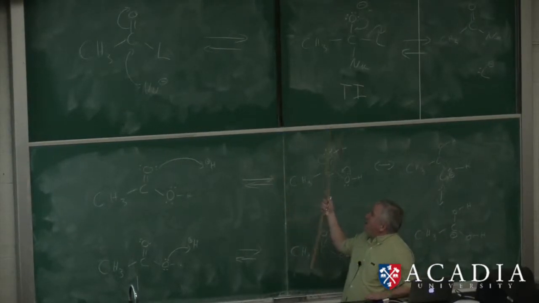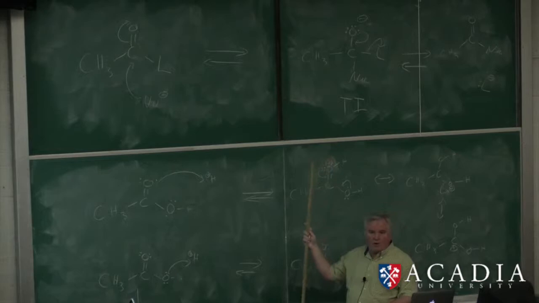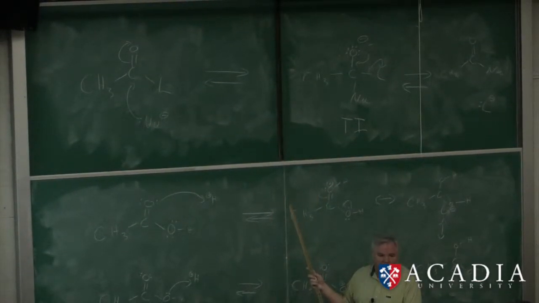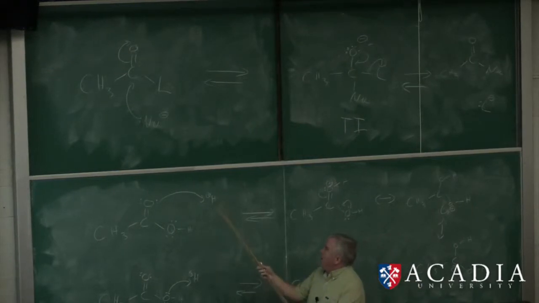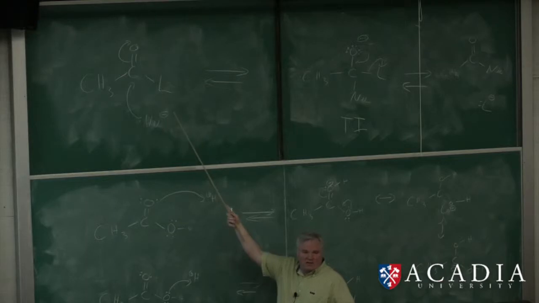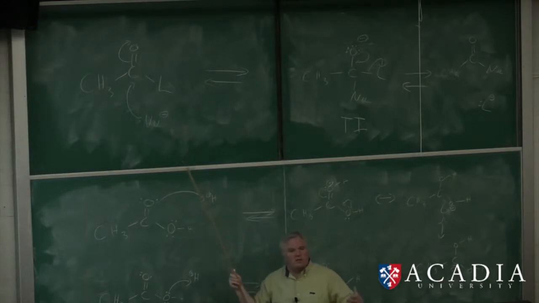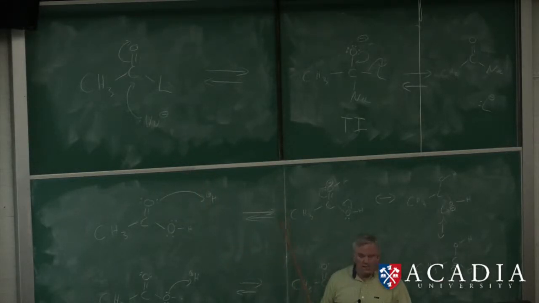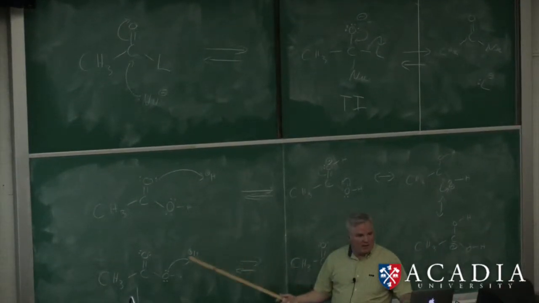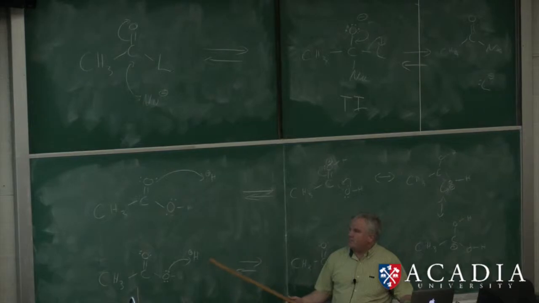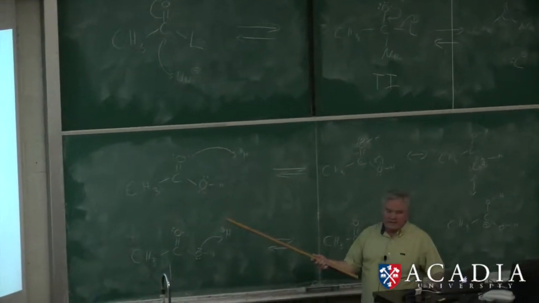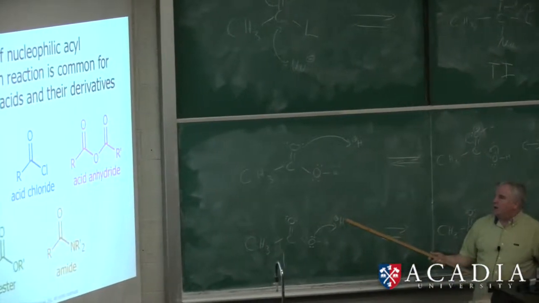So this is the general mechanism that we're going to see over and over and over again. And again, we can do this under different conditions. If I had my NuH, then it's a poor nucleophile. We can activate our carbonyl by protonating it, just like we did with aldehydes and ketones. So we're going to see this reaction a lot in this next section. The nucleophilic acyl substitution occurs through this addition-elimination reaction.